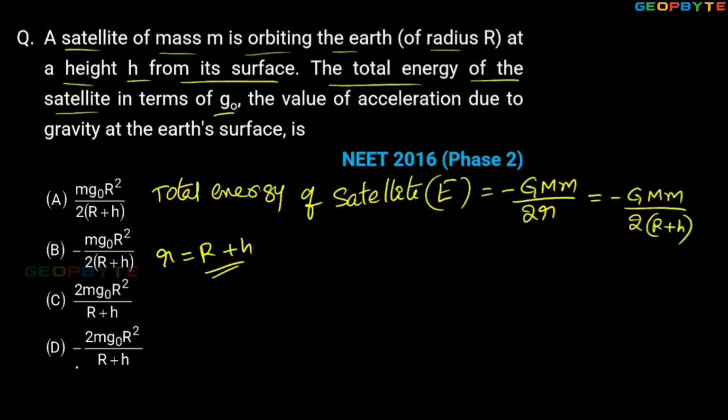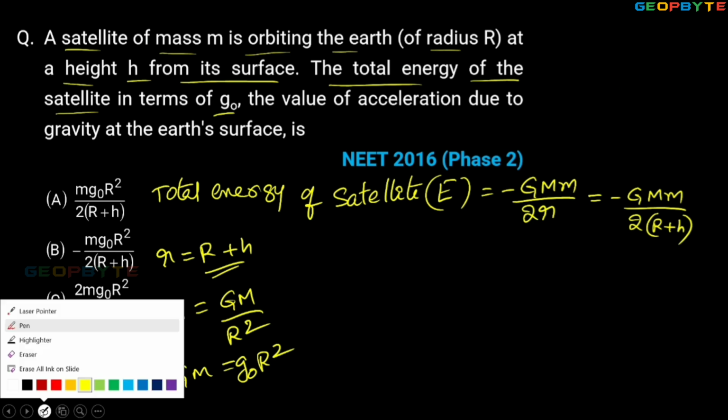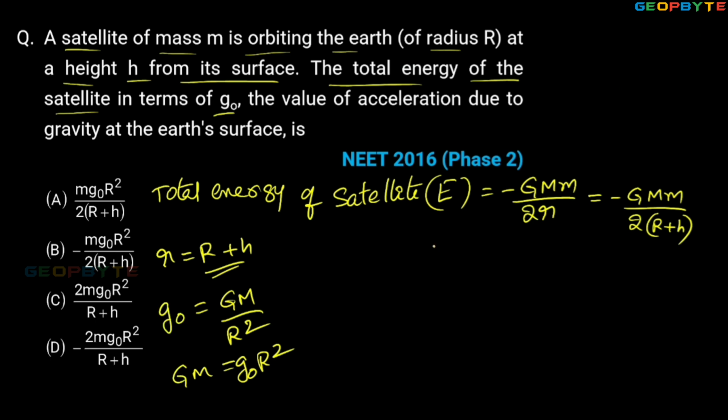But as you know, it is given the total energy of the satellite in terms of g naught. g naught equal to what? g naught equal to GM by R square. From this, GM equal to g naught into R square. So in the place of GM, you can write g naught R square.